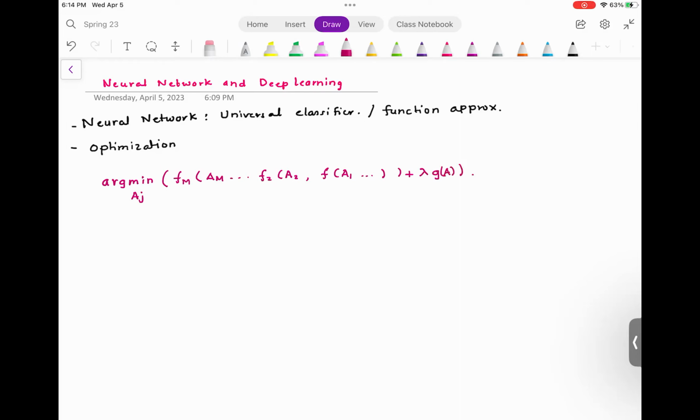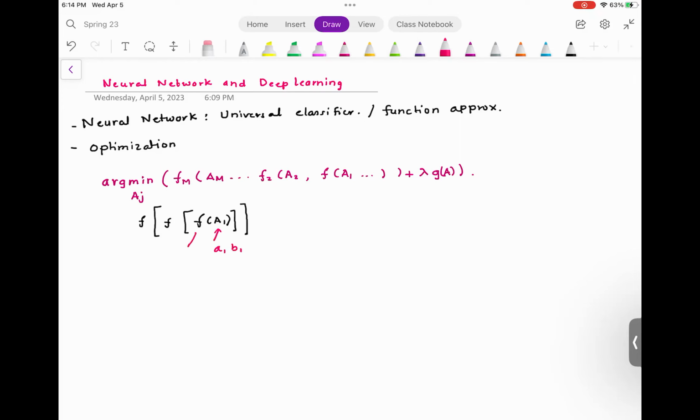But at the very minimum, what this means is you have a function approximation. This function becomes an argument to another function, and this function becomes an argument to another function. And every function has some type of parameters. So here you have parameters a1, b1.